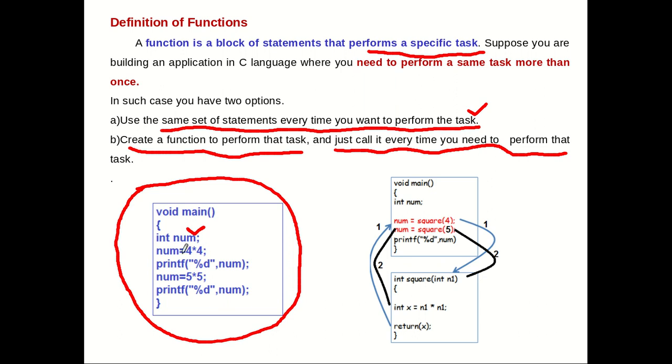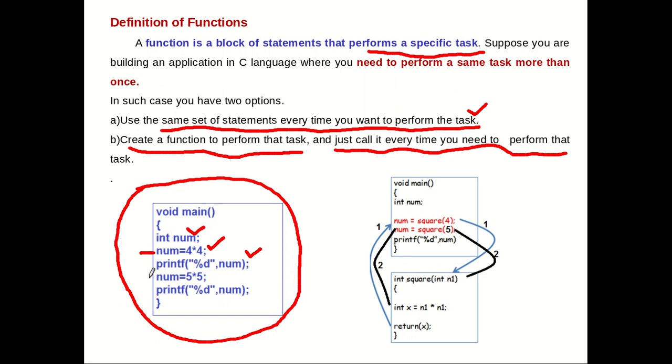Directly, I am executing a statement which computes the square of the number 4. The result will be stored in the num variable, and we are displaying the content of num. So num will be holding the square of 4.